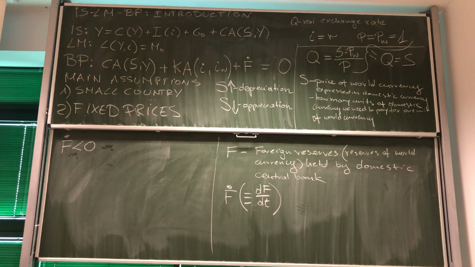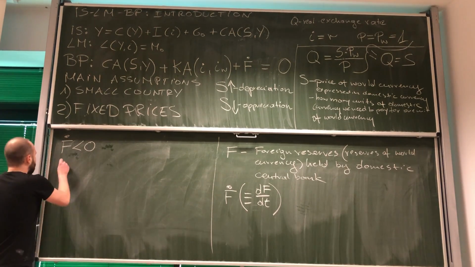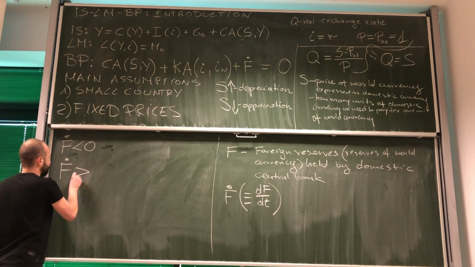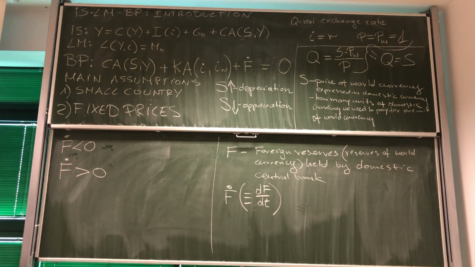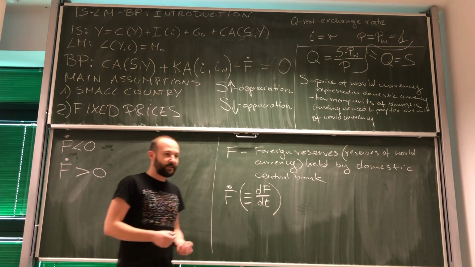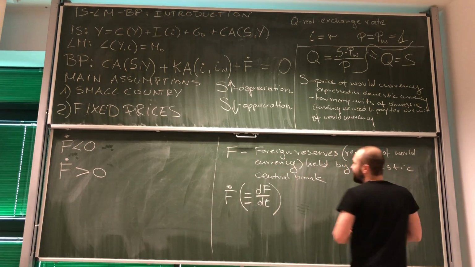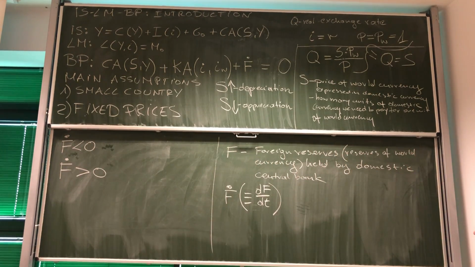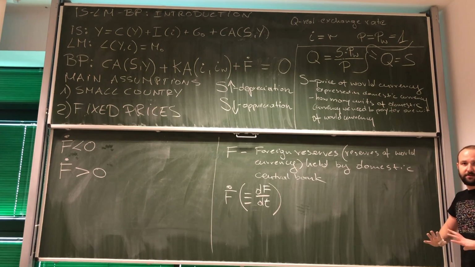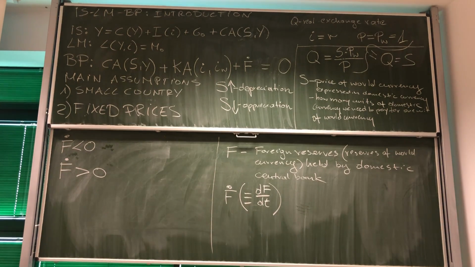Okay, so if now we have the opposite situation, foreign reserves are growing, this means that our central bank is purchasing foreign currency using domestic currency.